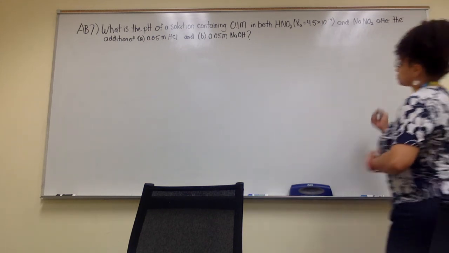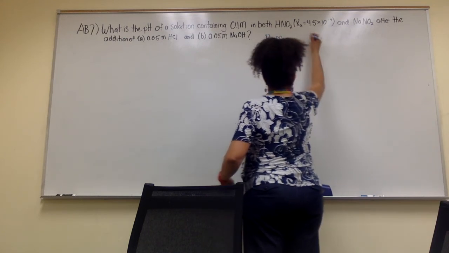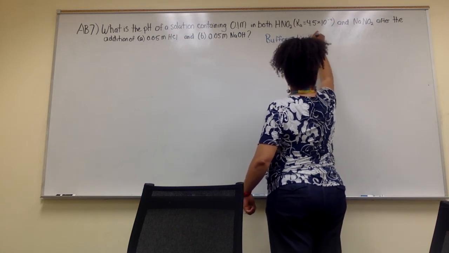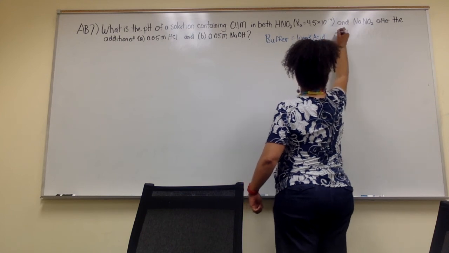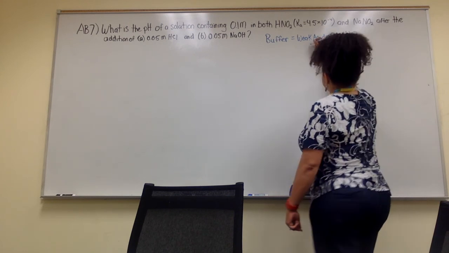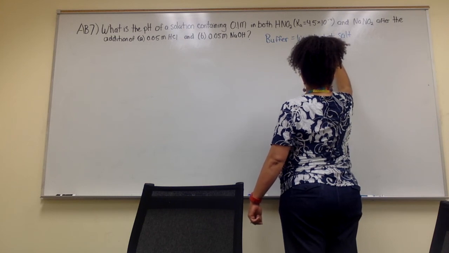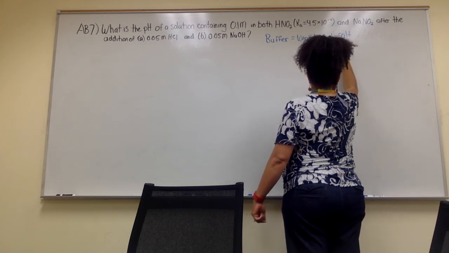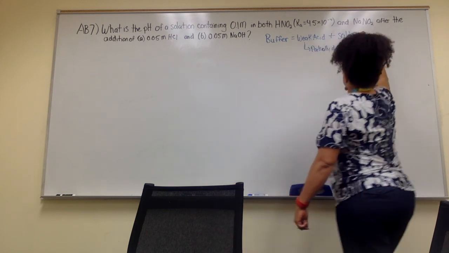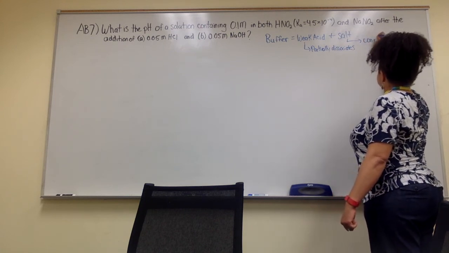So a buffer always has a weak acid and a salt. The weak acid partially dissociates, and the salt forms the conjugate base.